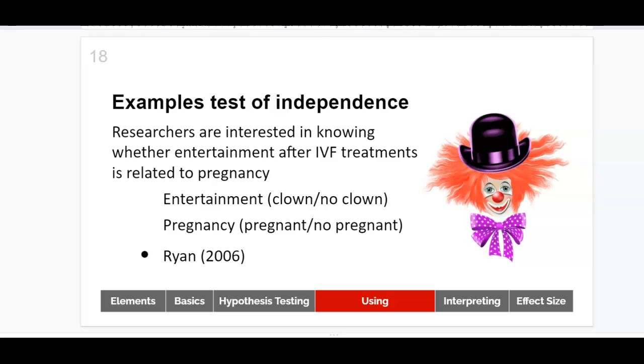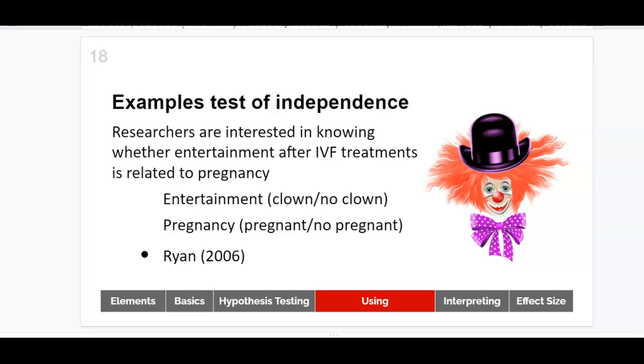The example we're going to go over today with chi-square test of independence is when you have two categorical variables. So this is an actual research study. They were trying to identify if we give patients entertainment after IVF, in vitro fertilization, treatment, is it related to pregnancy outcomes?